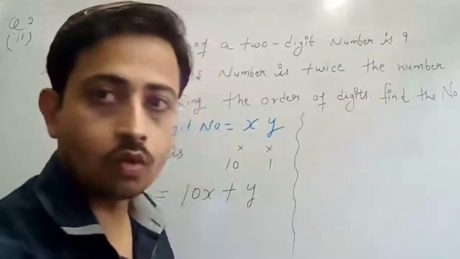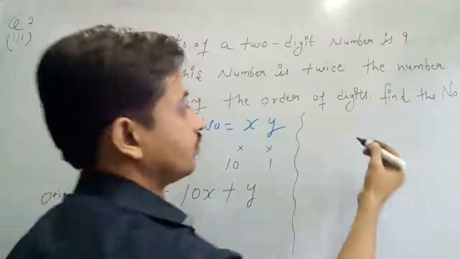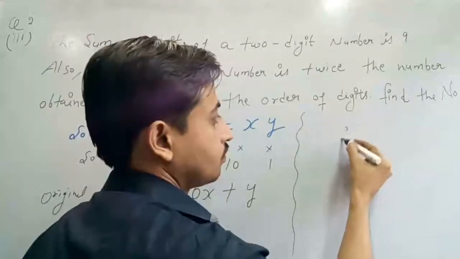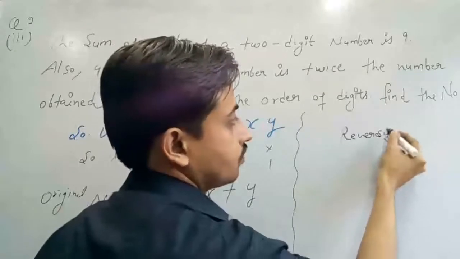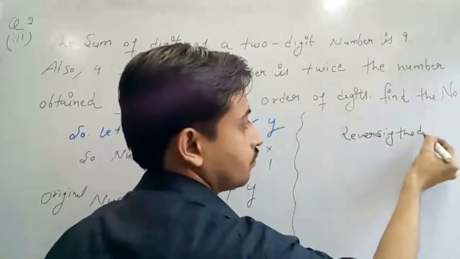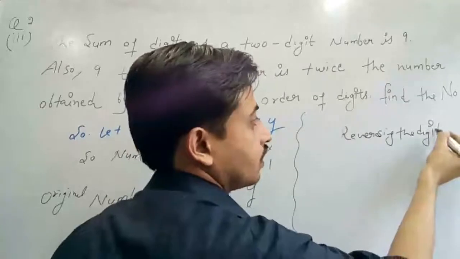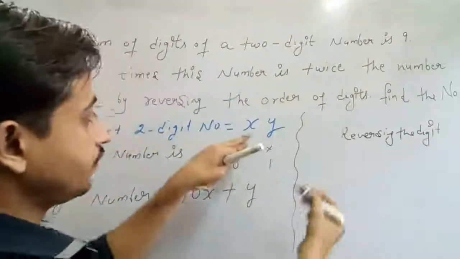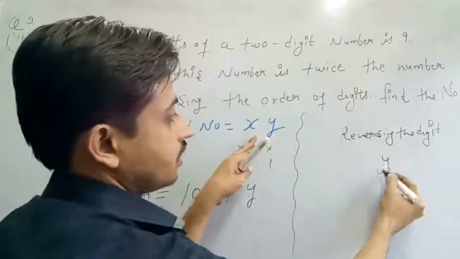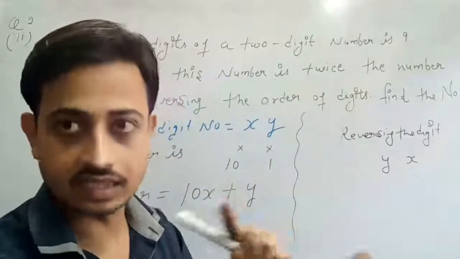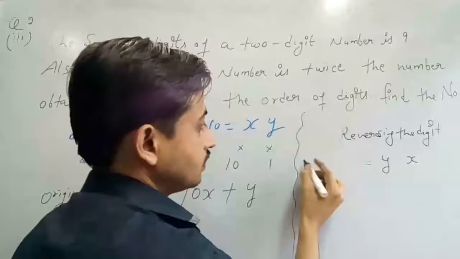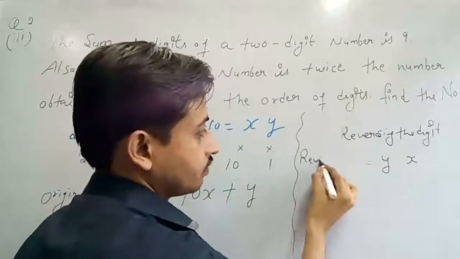Now you have to reverse the digits. If I reverse the digits, then it becomes y and this becomes x. X and y will be interchanged. So this is our reversed number.